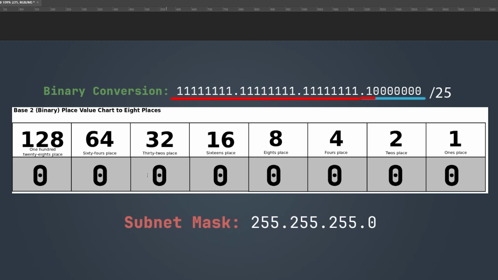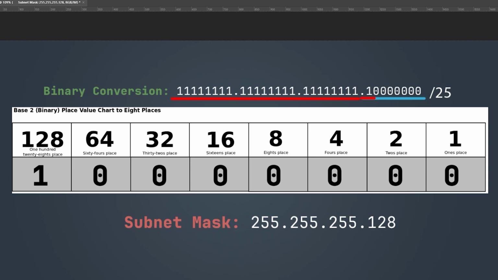Here you'll see a base 2 binary chart representing the last octet, and to reflect the changes we made, it would look like that. This also changes to 128.